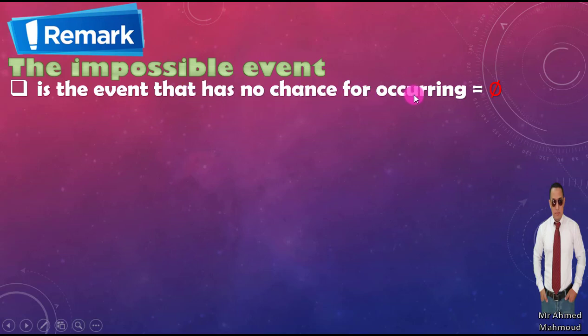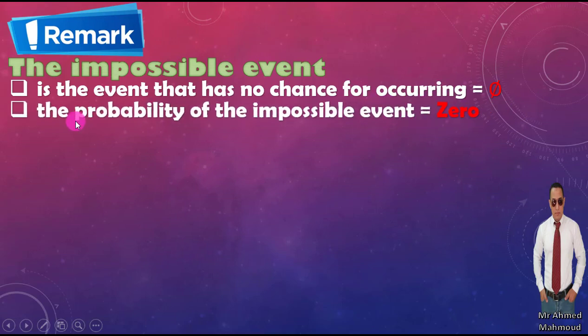For example, in the last example, the event D was an impossible event because in D he asked me about number 7, and the number 7 wasn't included in the sample space or in the dice, so it was phi. So the impossible event equals phi, and its probability equals 0.